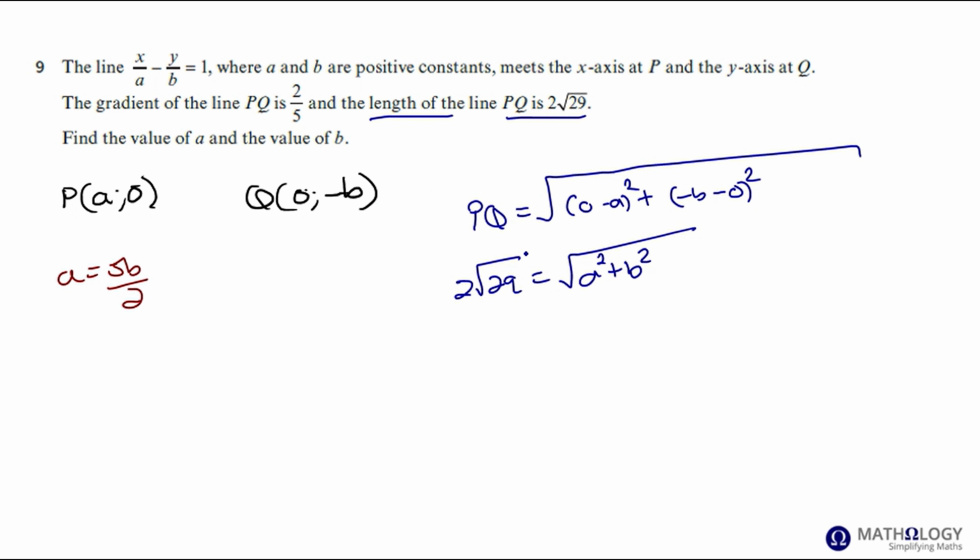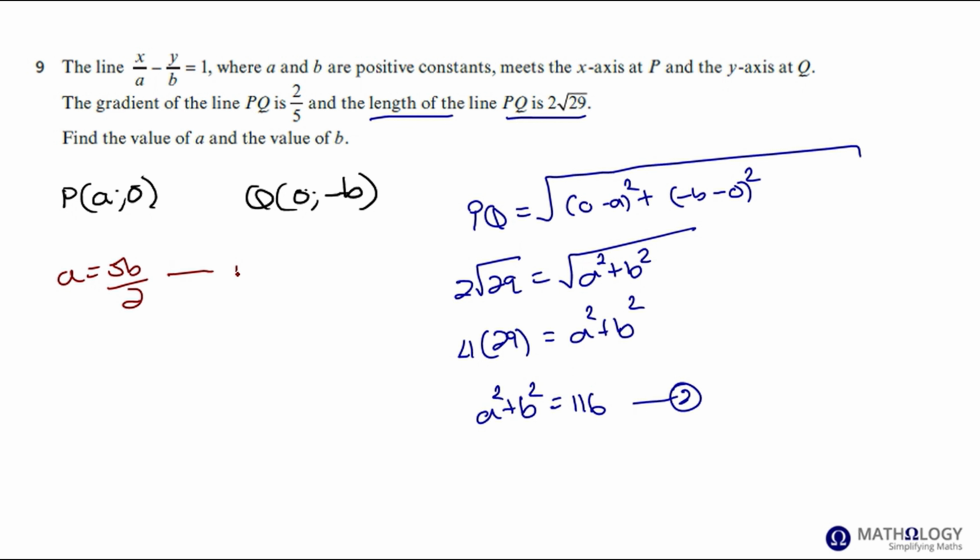Now we square both sides to remove the square root. So the square of 2 is 4. The square of root 29 is 29. And the square of root a squared plus b squared is a squared plus b squared. So a squared plus b squared is 4 times 29, which is 116. So we have the second equation relating a to b.